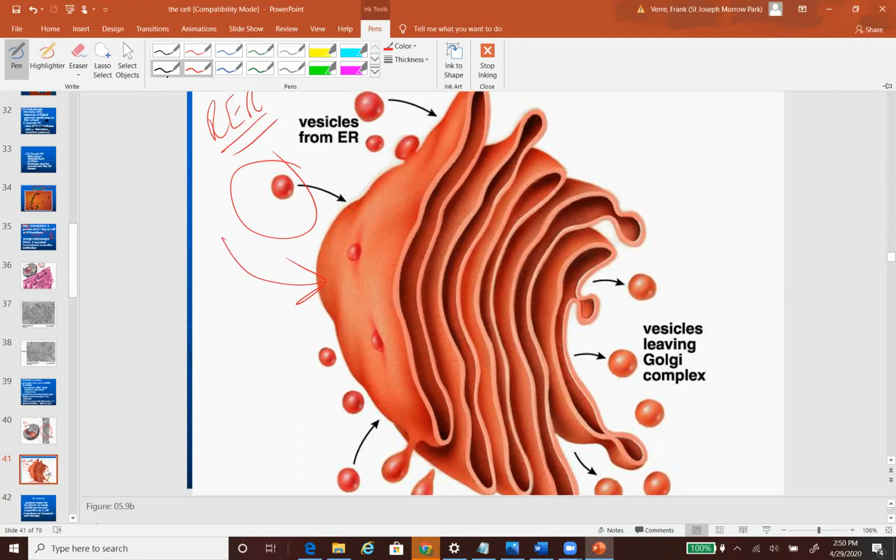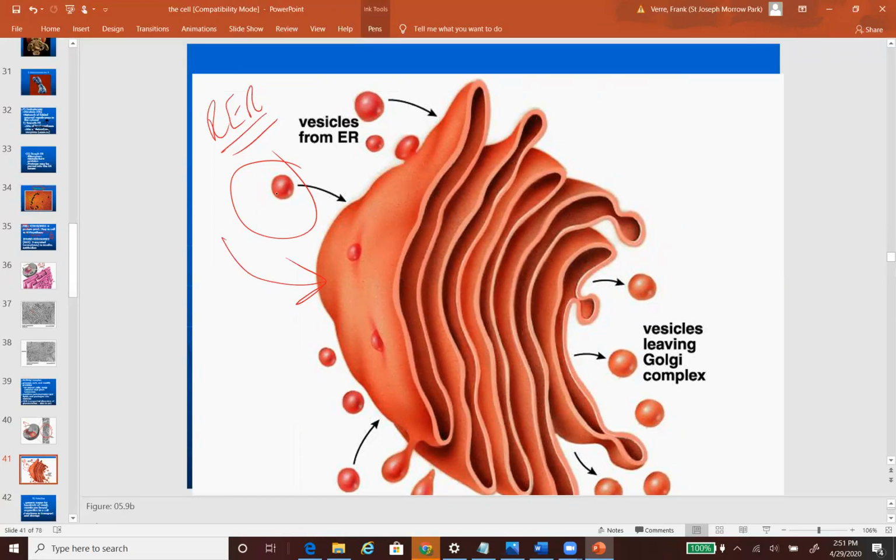Maybe in this little red package there is insulin, which I'm going to call I. That insulin would be in a package. That package is called a vesicle. That's the name of the package. And it's received by the Golgi complex. This is my Canada Post, my Purolator.